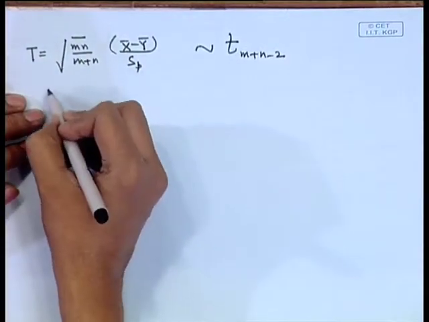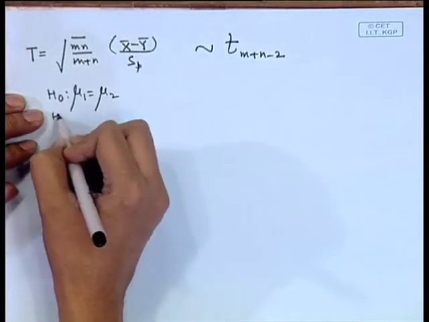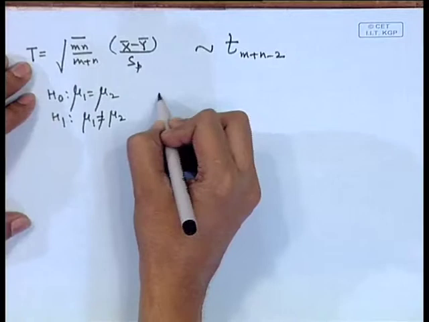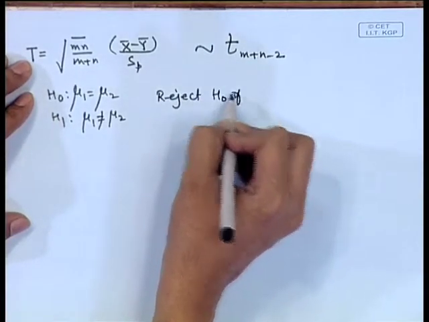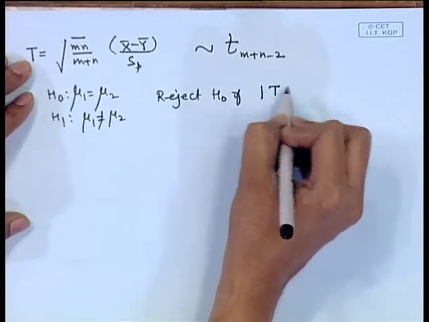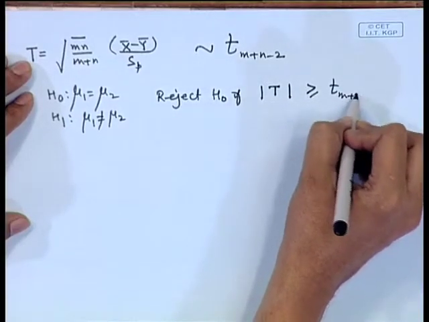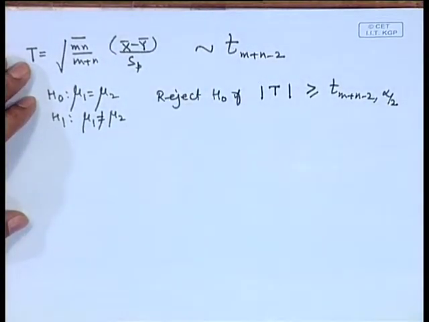So, for H naught: mu 1 is equal to mu 2 against mu 1 is not equal to mu 2, we can consider the test as reject H naught if modulus of t is greater than or equal to t_{m plus n minus 2, alpha by 2}. So, this is the level alpha test here.